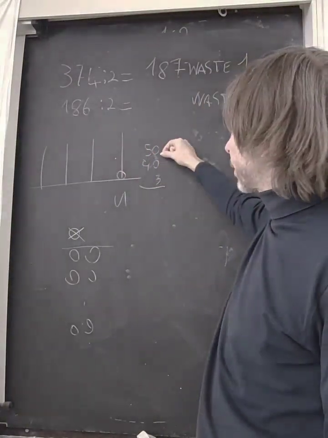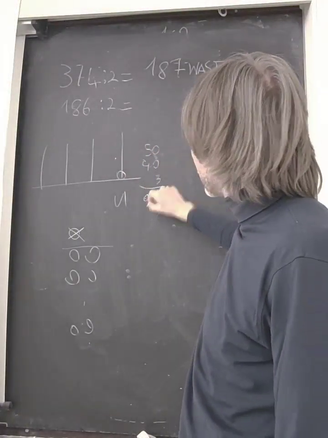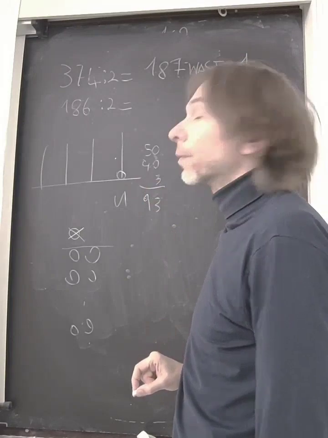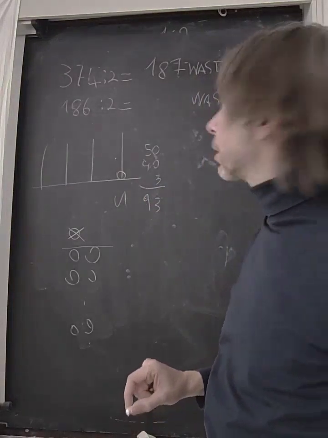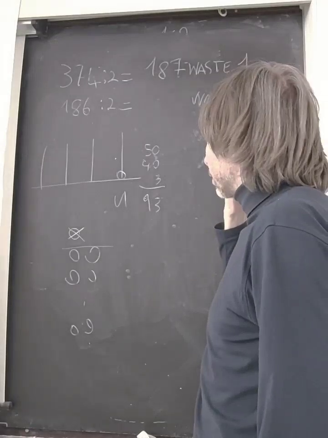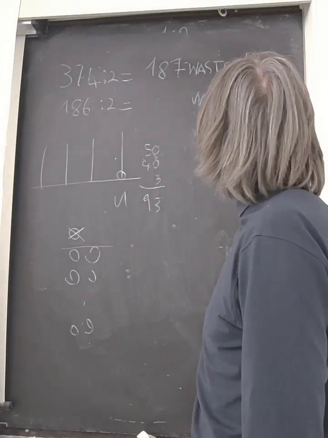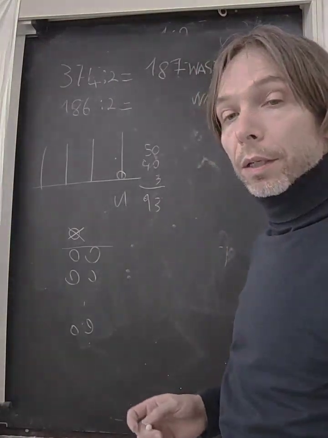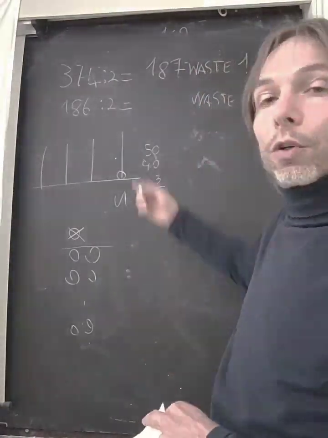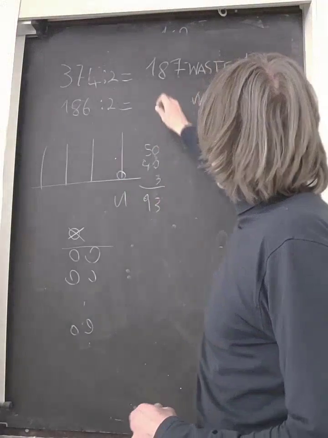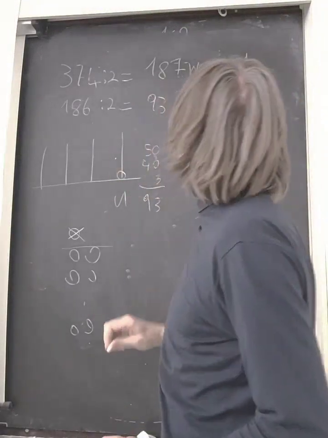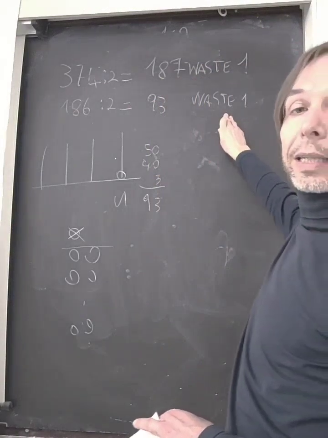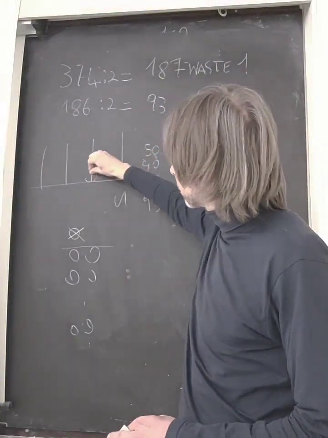So, in total, I have 93 as a quotient, as the result of the operation. Okay, that means that I have another ball here.